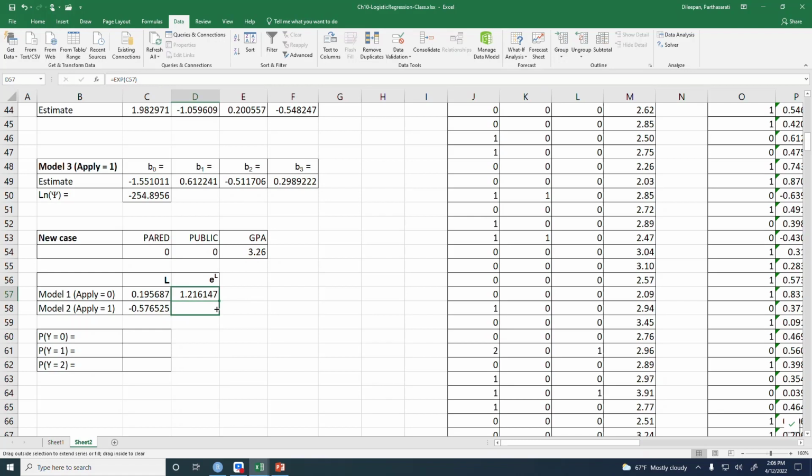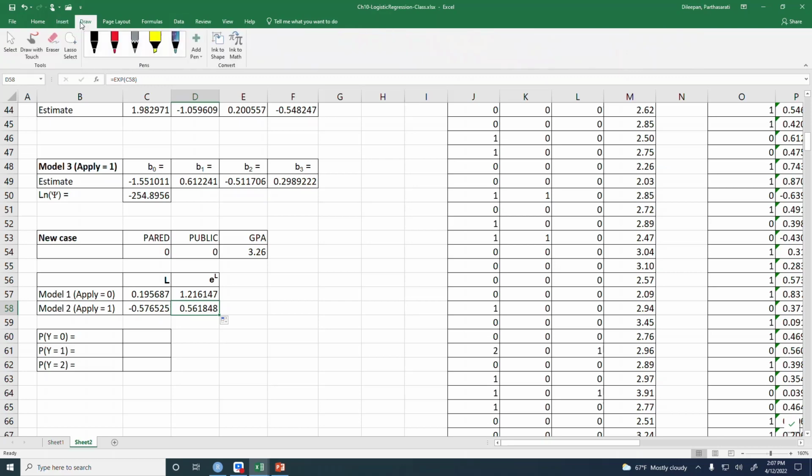Now copy that. So now you have 2 e to the power of L. And now the formula is, the L here, let's see.